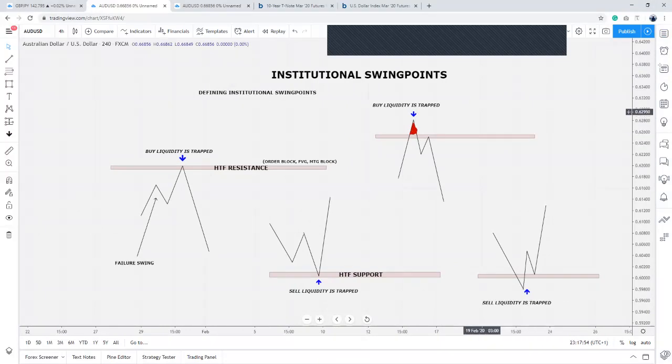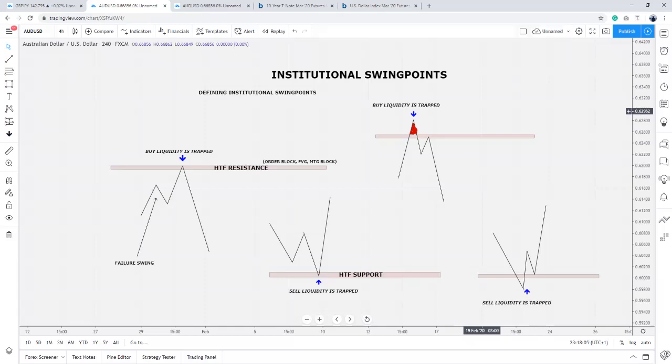As regards to institutional trading, I know there are lots of reversal patterns out there on trading PDFs, free tutorials on YouTube, and different mentors with different types of reversal patterns in Forex.